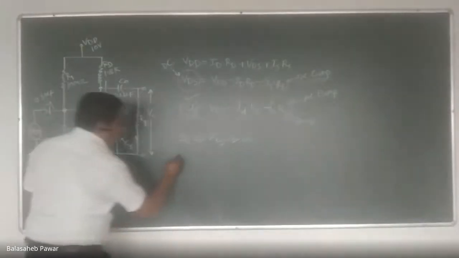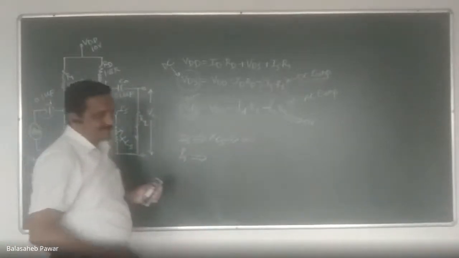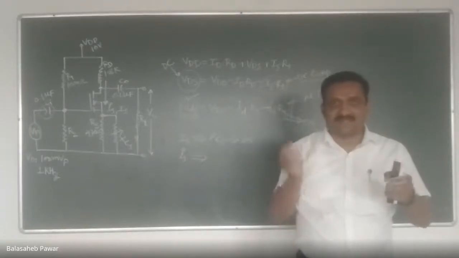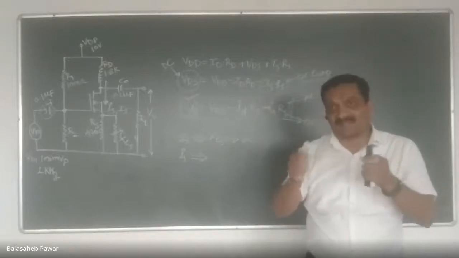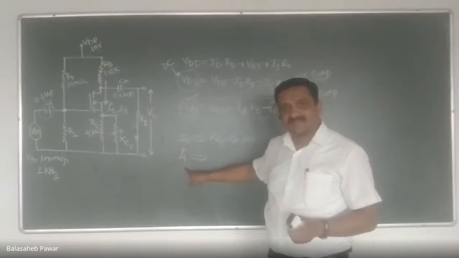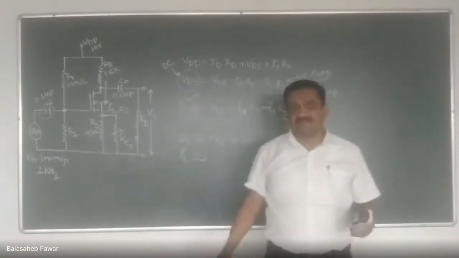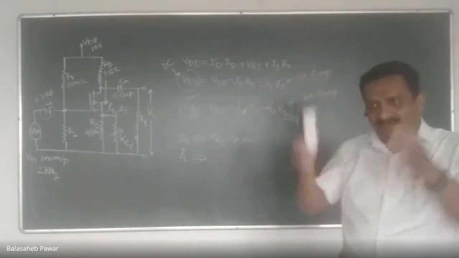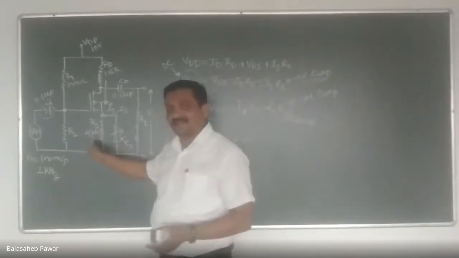Now see, for small is, again there are two options: one is through the resistor and another through the capacitor. Which path will small is follow? As it is an AC component, the reactance offered by that bypass capacitor will be almost 0, very small compared to the other path, Rs.